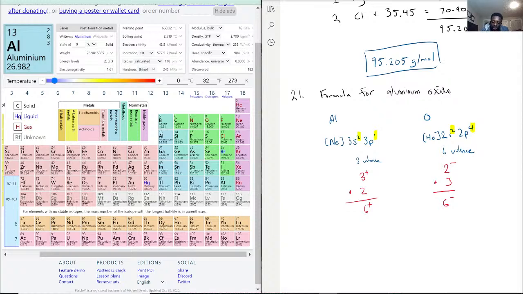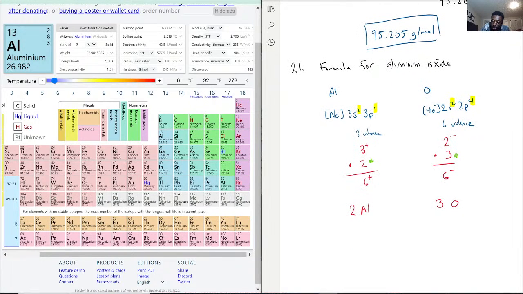Knowing that, we need 2 aluminum, and because of that we need 3 oxygen. So the formula for aluminum oxide is Al2O3.